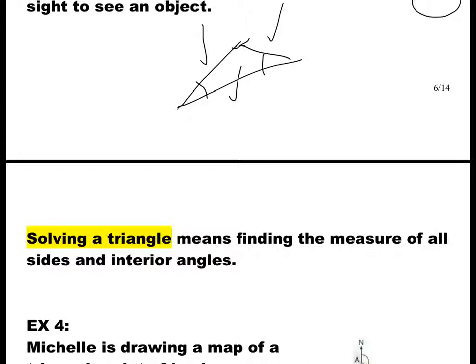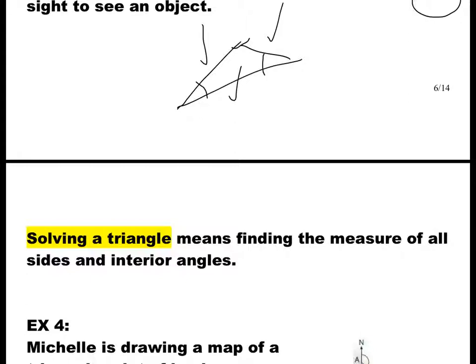Now you may think that it's going to be a lot. No, enough information is given that you can go ahead and solve the triangle. Now, the example I've given you is not a right triangle. Doesn't matter, right triangle or non-right triangle, you can still solve the triangles.